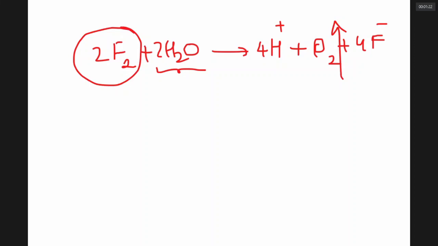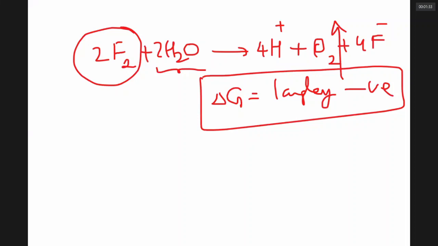It is a powerful oxidizing agent. Delta G for this reaction is largely negative. If delta G is negative, the process can happily happen. It is a thermodynamic function. If delta G value for any reaction is positive, the reaction is not spontaneous. The reaction cannot happen.